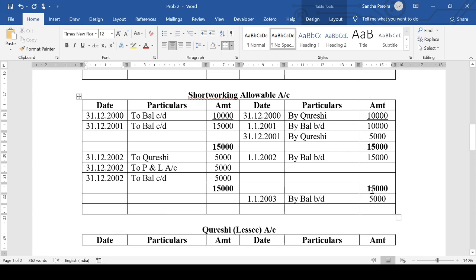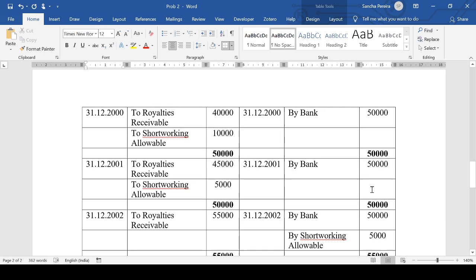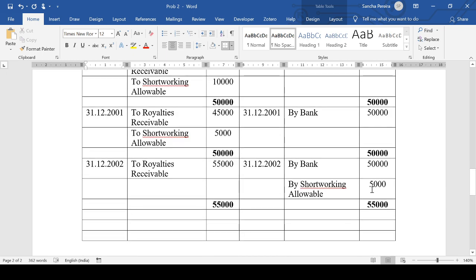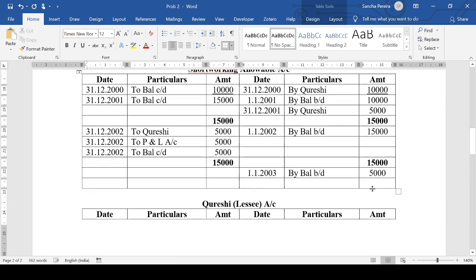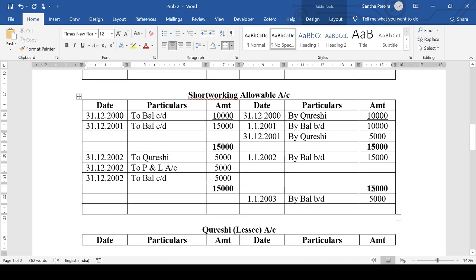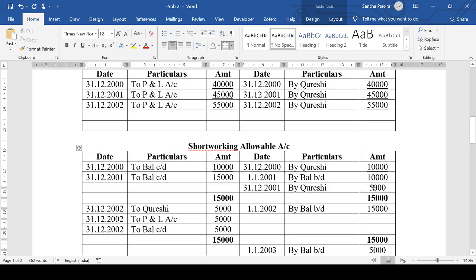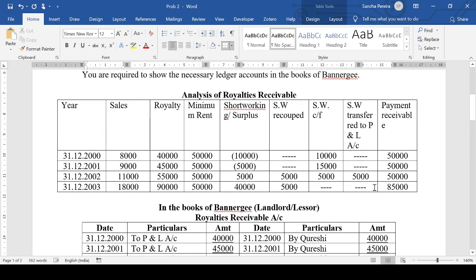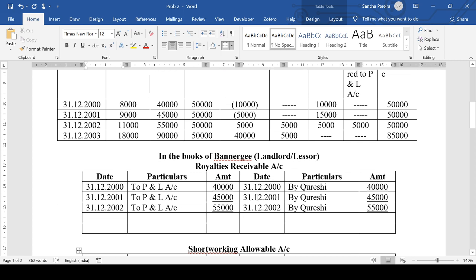Now we come to the last year. Now the last year again the actual royalty is more than the minimum rent. So the entry will be lessee's account debit to royalty account.